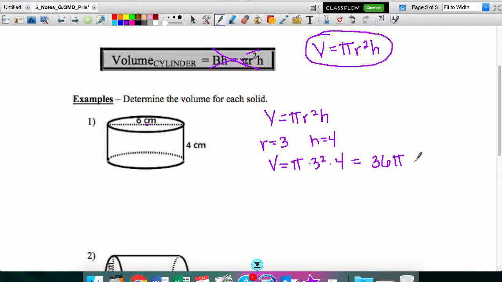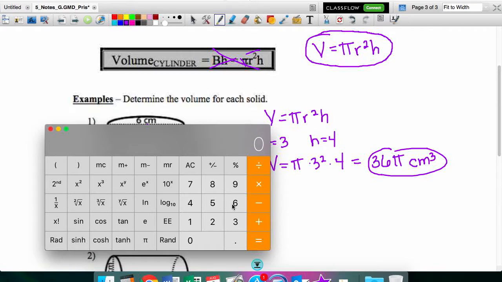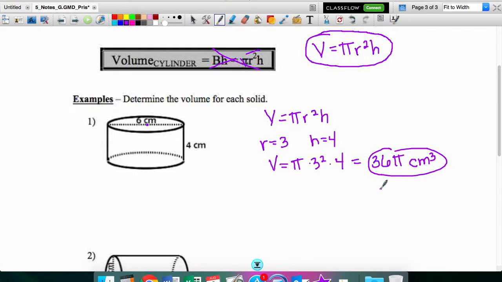So 36 pi, once again, units cubed, is my exact answer, or I could get the decimal equivalent by, once again, plugging this in my calculator. So 36 times pi gives me 113.10 if I round. So 113.10 centimeters cubed.